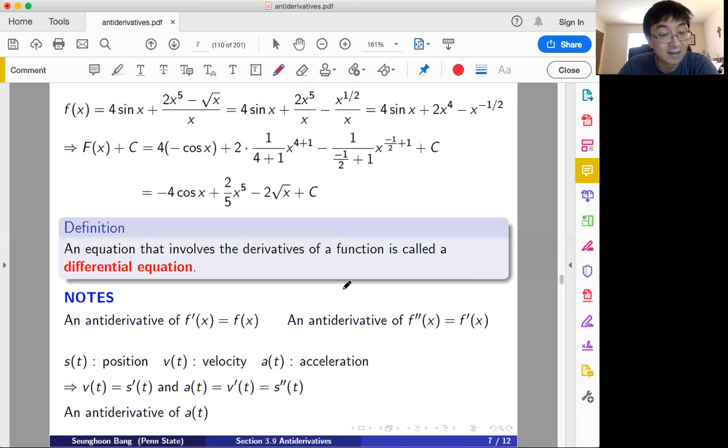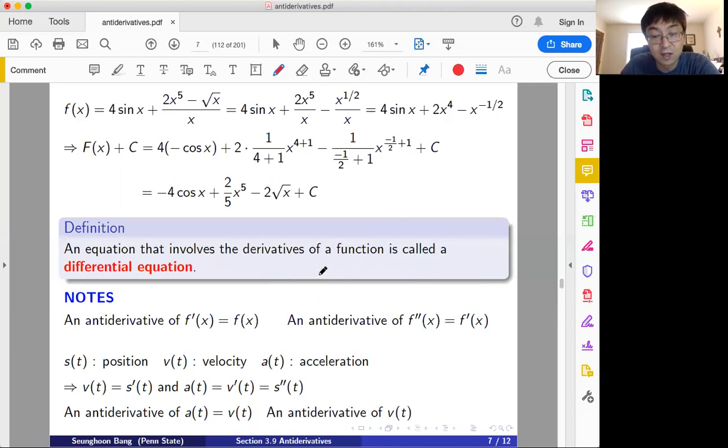What is the antiderivative of a of t? The antiderivative of a of t is, what's that? Yes, v of t. The reason is very simple: the velocity's derivative is a of t. The antiderivative of a of t is v of t.